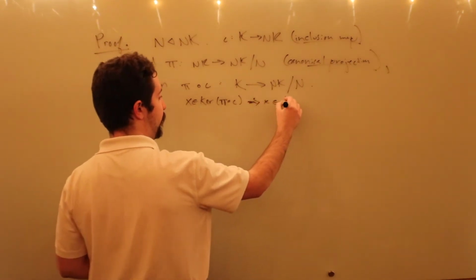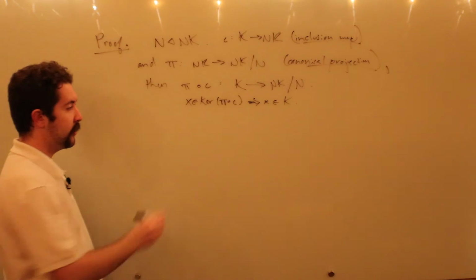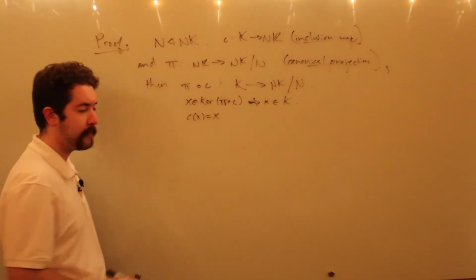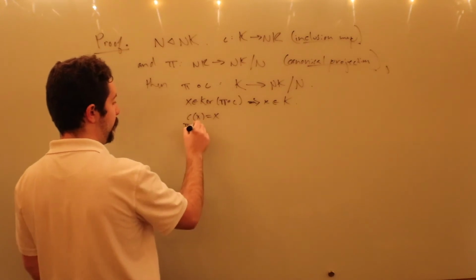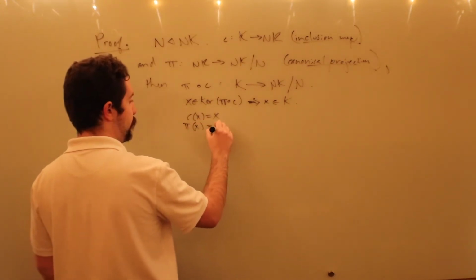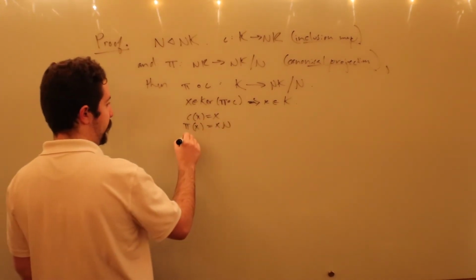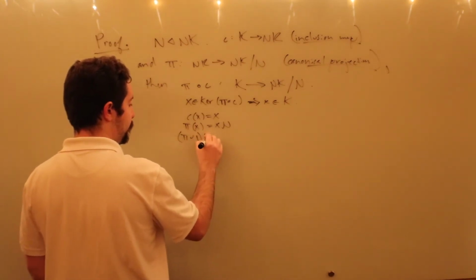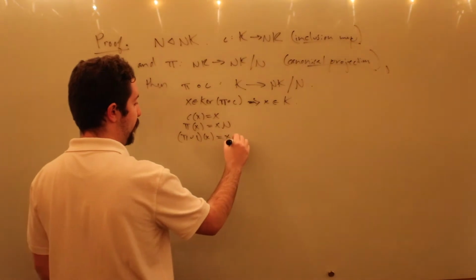x is contained in the subgroup K. Now, since iota of x is just equal to x, and we have pi of x is equal to xN, then pi composed with iota of x is also just going to be equal to xN.